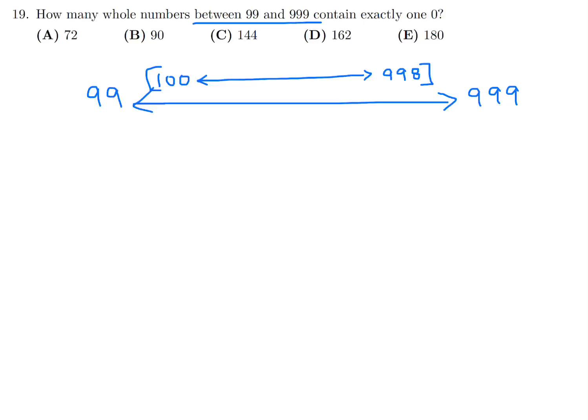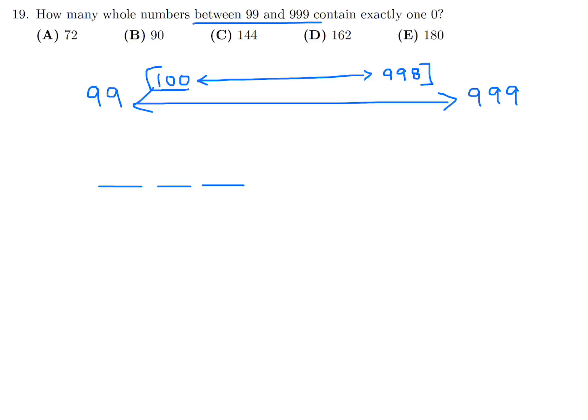They don't include 99 and 999. Not that that really makes a difference, but it helps us a little bit, because we will get this 100 in there. Okay, so it obviously will only include 3-digit numbers, because all the numbers from 100 to 998 inclusive are 3-digit numbers.